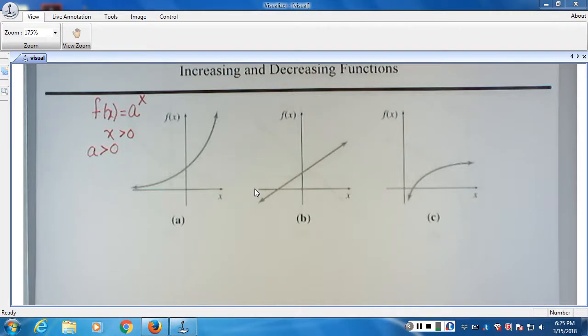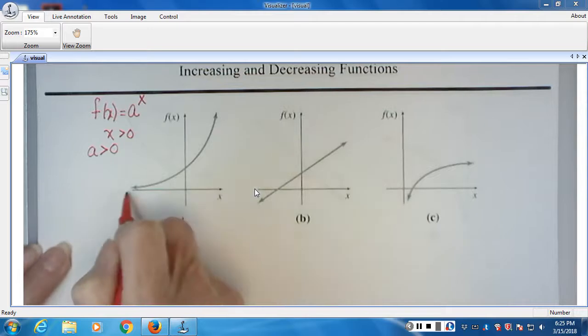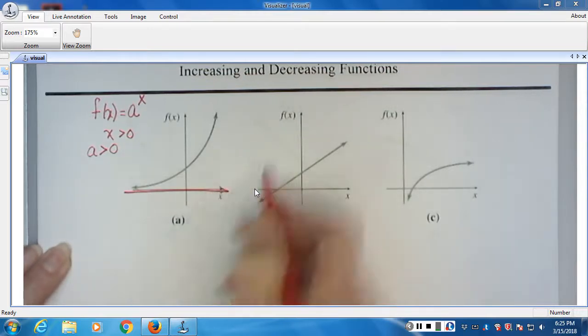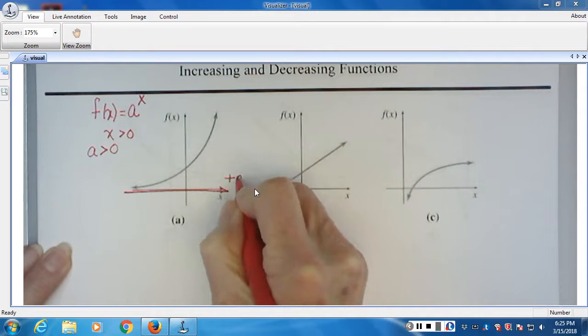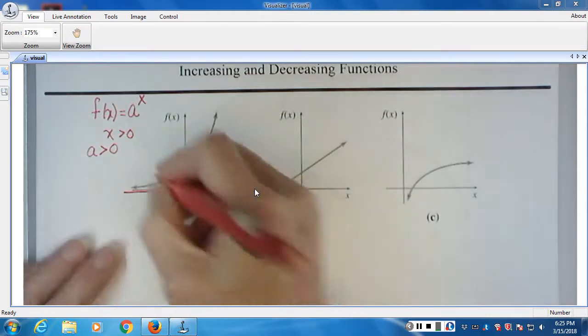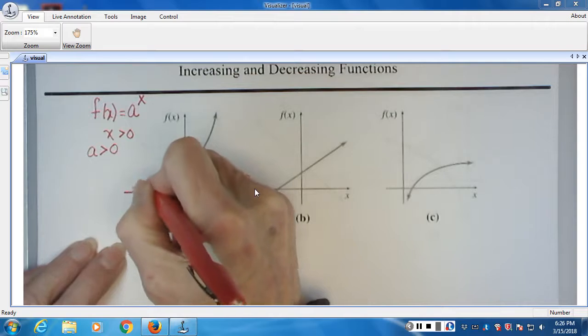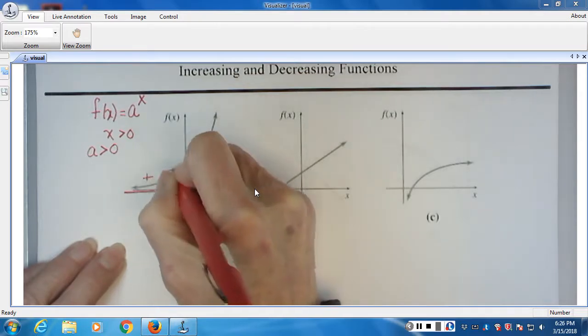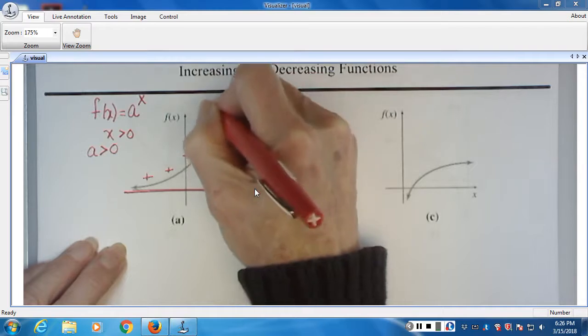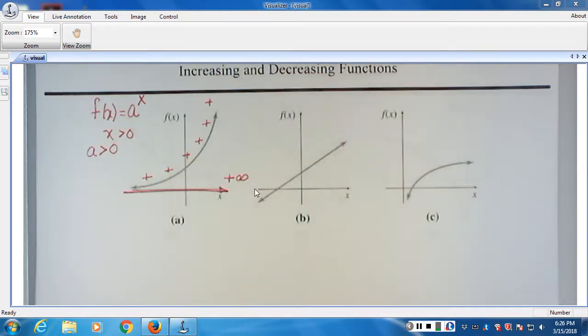So the key idea here is that as your x value approaches positive infinity, as x increases, this function is always increasing, and in fact, this particular function is increasing faster and faster and faster.